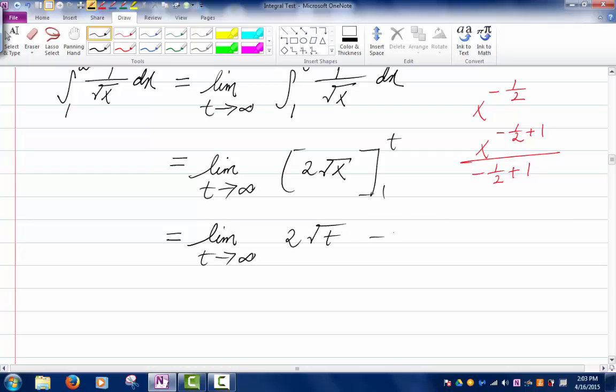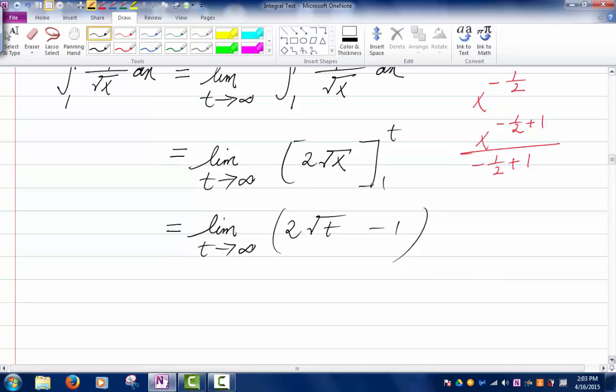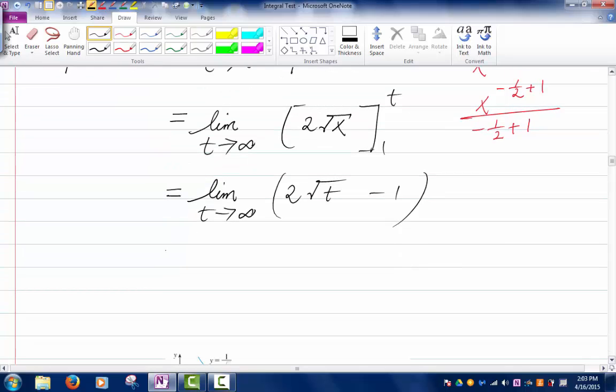So I do that. If I do that, I get this. And now it's clear that the limit is what? Well, the limit of root of t is what, as t goes to infinity? That negative one doesn't matter, right? So I get infinity.